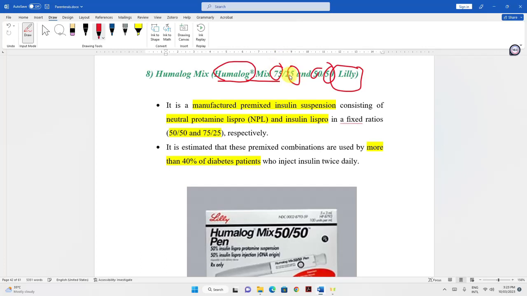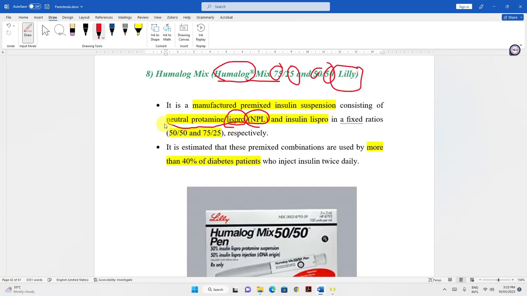Okay, now I want you to pay attention here. What is the intermediate they are using here? They are using the NPL, neutral protamine Lispro. NPL, not NPH. Because the insulin they are using is not the human insulin, it's the insulin Lispro.